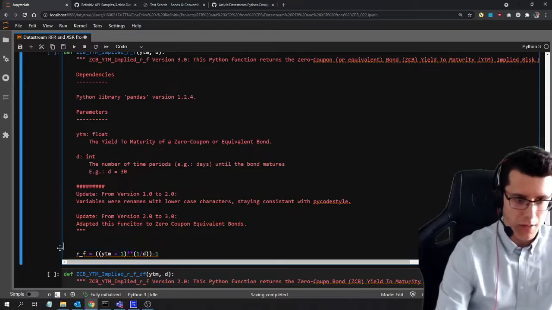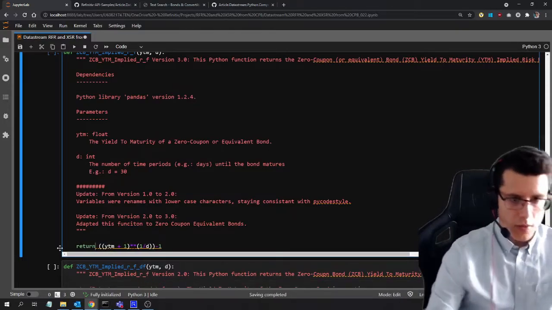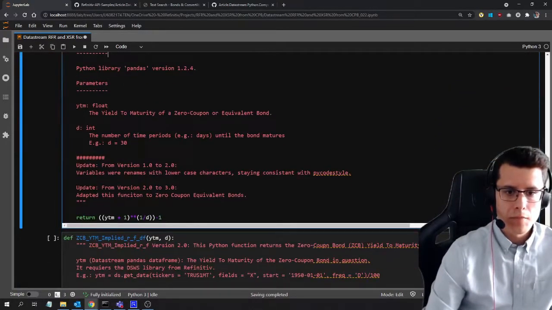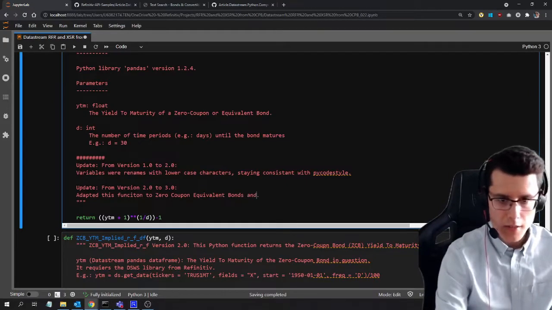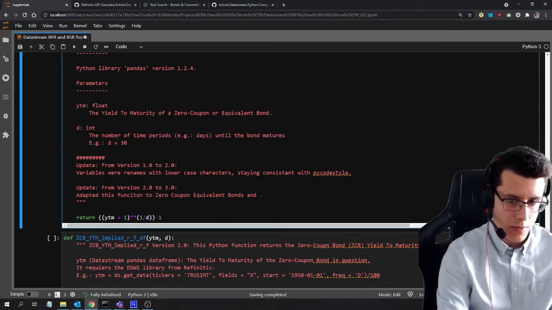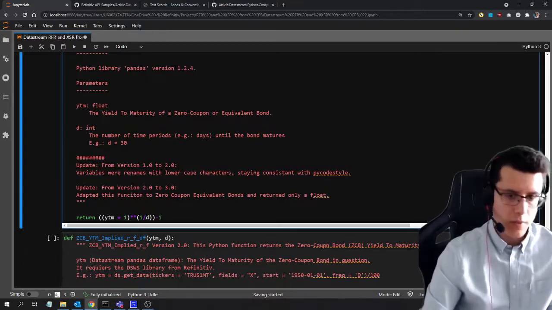There's no need for any of this really. We're just returning it. And so we've adapted it to the zero coupon equivalent bonds and returned only a float. Yeah, that's what we did.